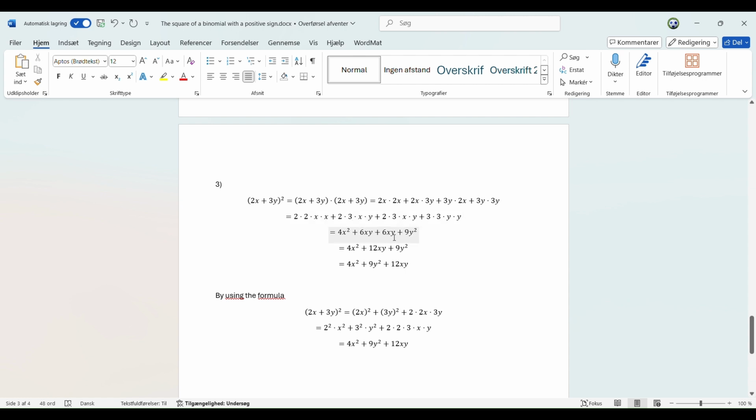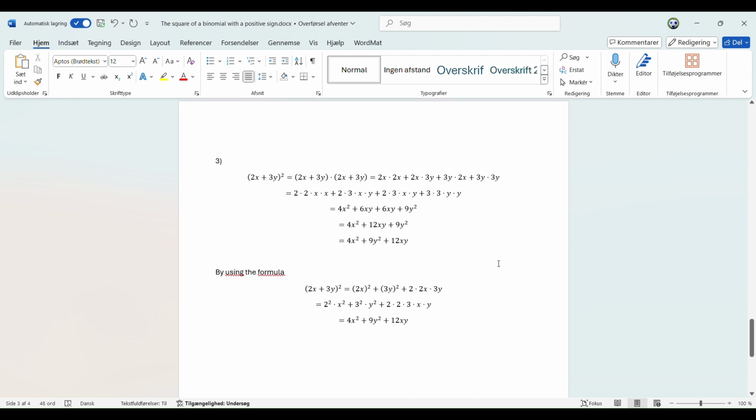We've got these 2 terms, and then we've got 3 times y times y, that's 9y squared. And 6 plus 6 gets us 12xy. Then we've got 4x squared plus 12xy plus 9y squared. And we rearrange the last two terms, and we get this out of it.